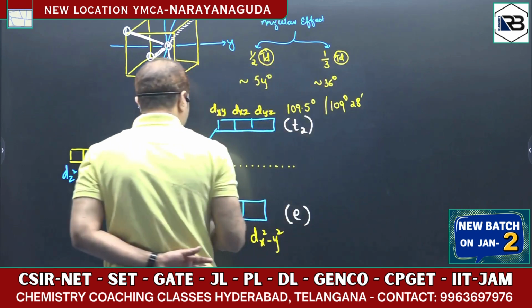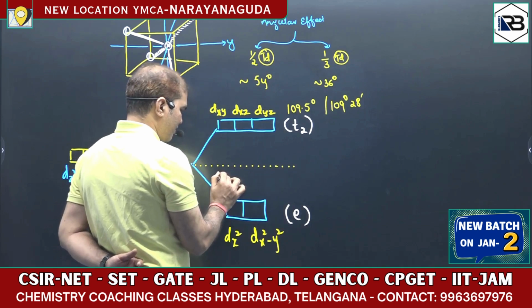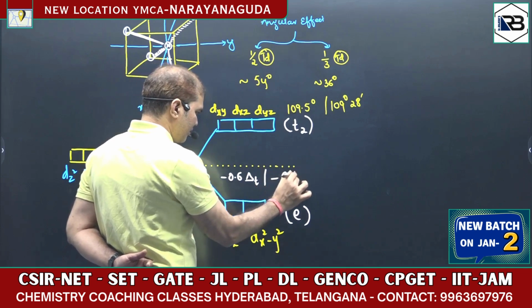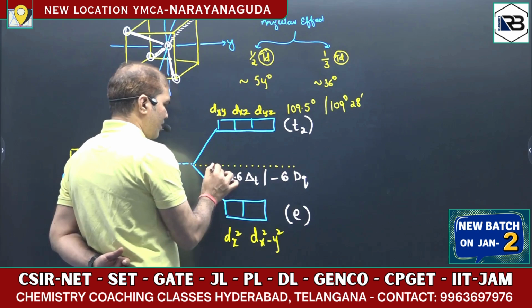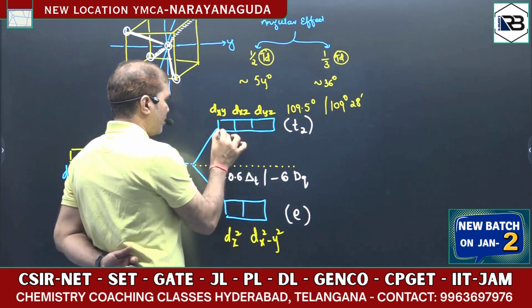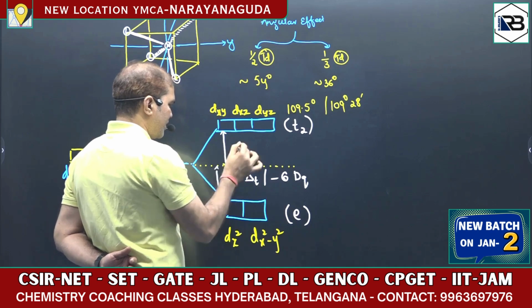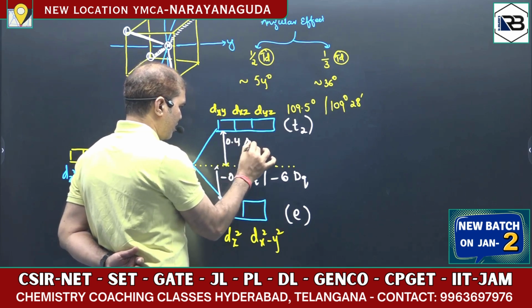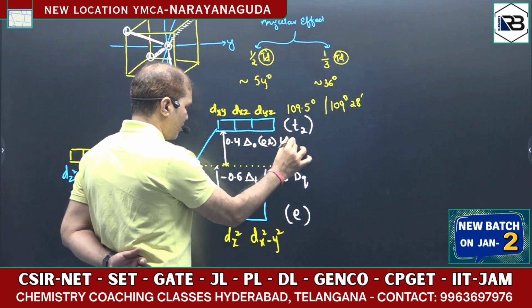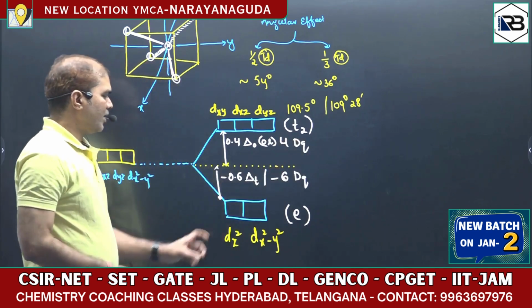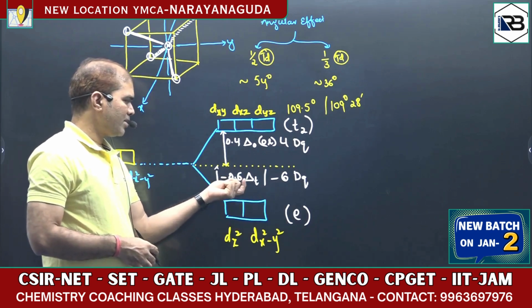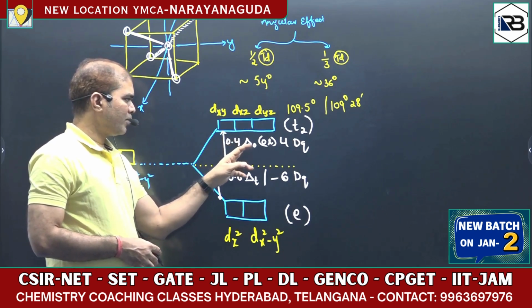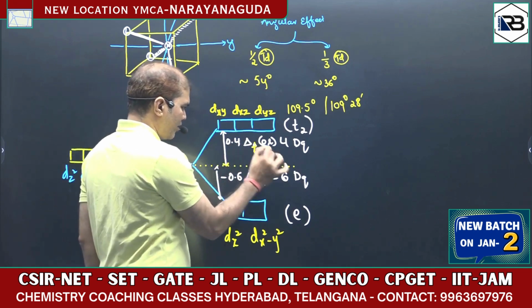Any electron that enters the E set will stabilize the system by minus 0.6 delta T or minus 6 Dq, and any electron which enters the T2 set will destabilize the system by 0.4 delta T or 4 Dq.